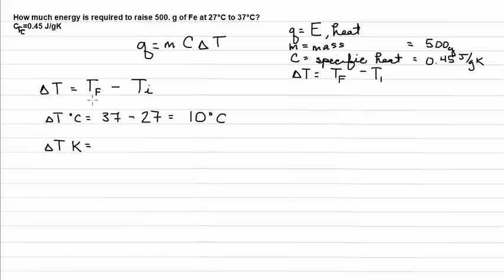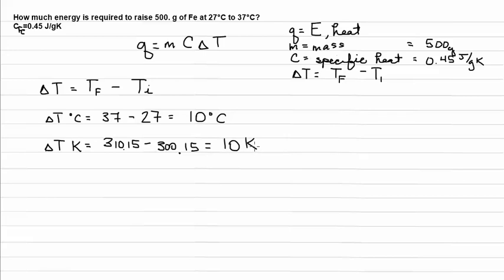So let's convert 37 to Kelvin. 37 plus 273.15 is 310.15. 27 plus 273.15 is 300.15. Well, that's also 10 Kelvin.